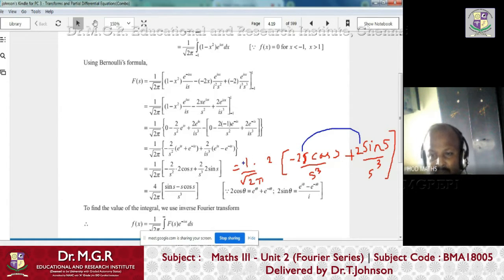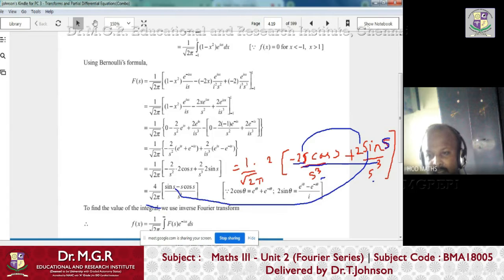So this 2 comes outside, then becomes 4. So that the final answer is 4 by root 2 pi. And then what I write is, since s cube is common, since I multiply one s both in the numerator as well as the denominator and make the denominator as s cube, I take the s cube common, and then I write it as sin s minus s cos s, right?